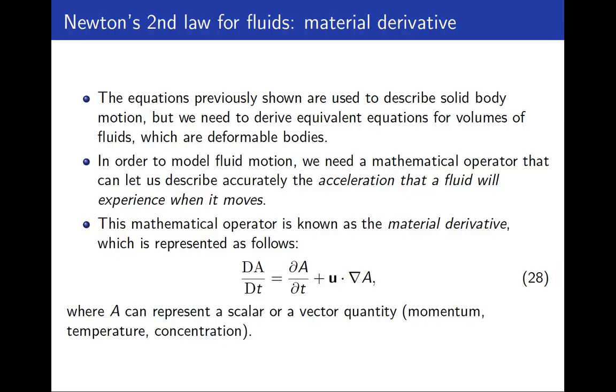You are moving as the escalator is moving you to the top. We can calculate your material derivative because your position is changing in time, but you are also moving with the velocity of the escalator. That's an example of the physical meaning of this particular derivative.